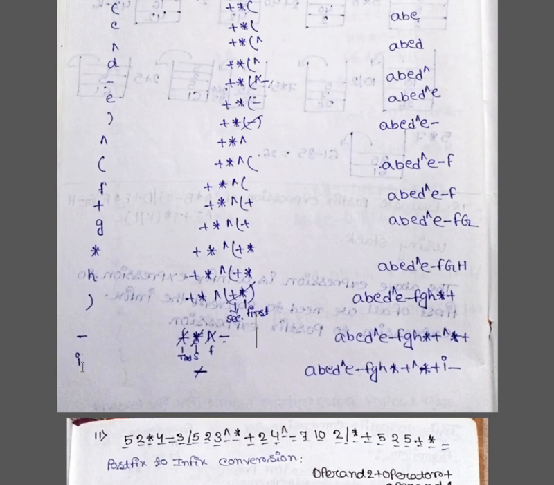After that this I came, and in the stack only this minus will be present. After that this I will go straight to the postfix column, and then this minus will be popped out.